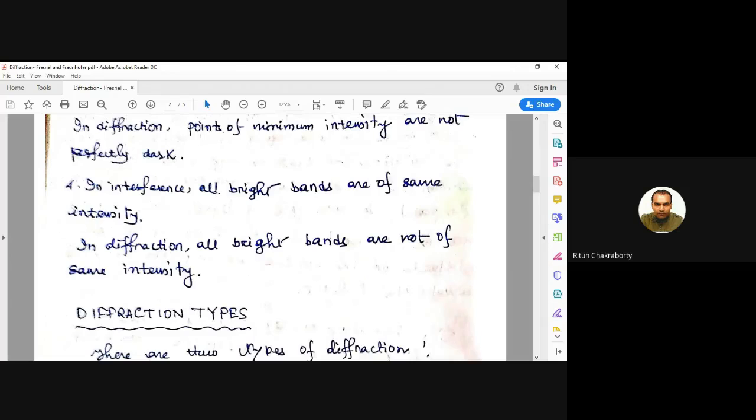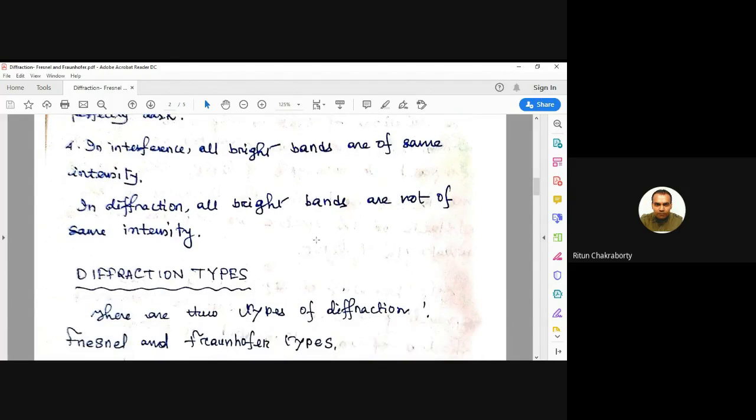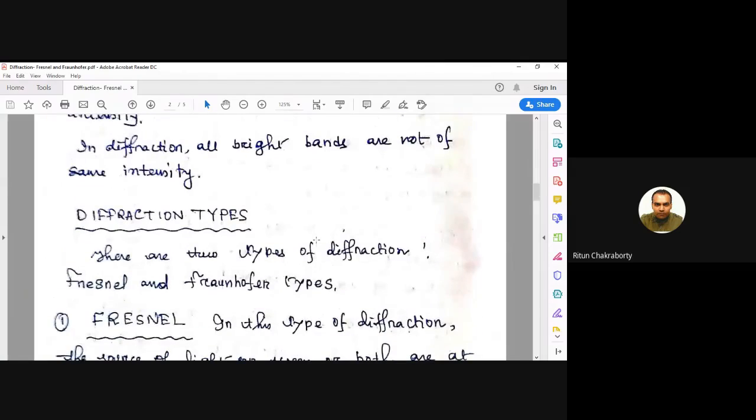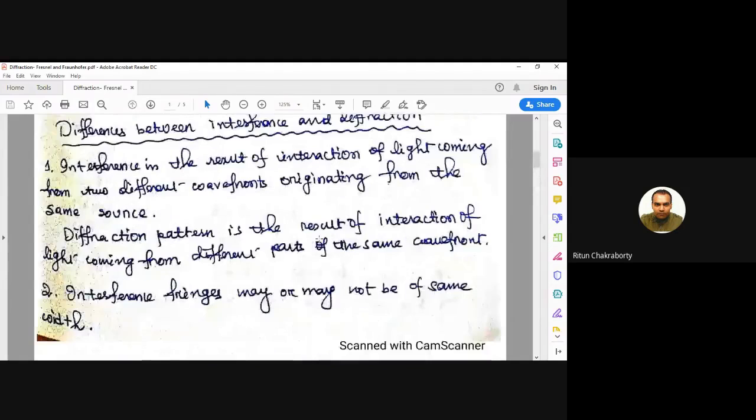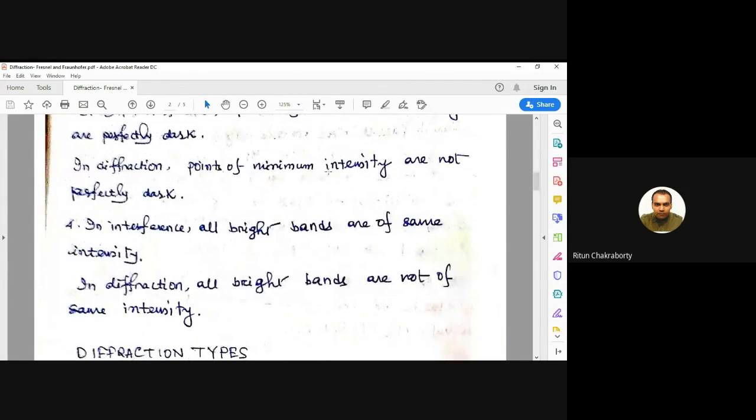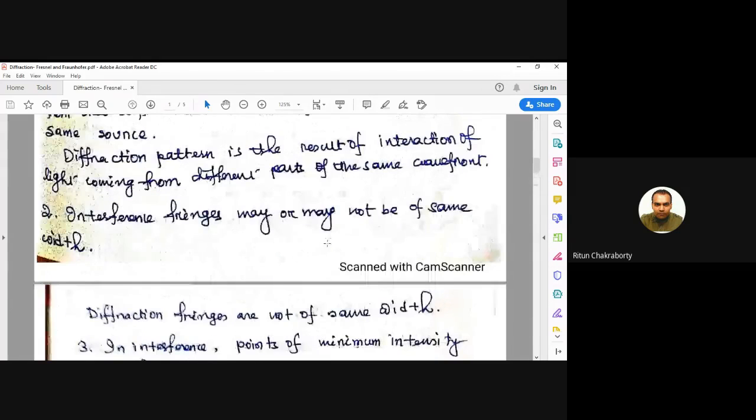In interference, all bright bands are of same intensity, but in diffraction, all bright bands are not of same intensity. They may be of different intensities. Okay. So you should remember all these 4 points. Very important. Because you have earlier learned interference, now we are learning diffraction, so a question may arise: what's the difference between these two? So you have to mention these points.